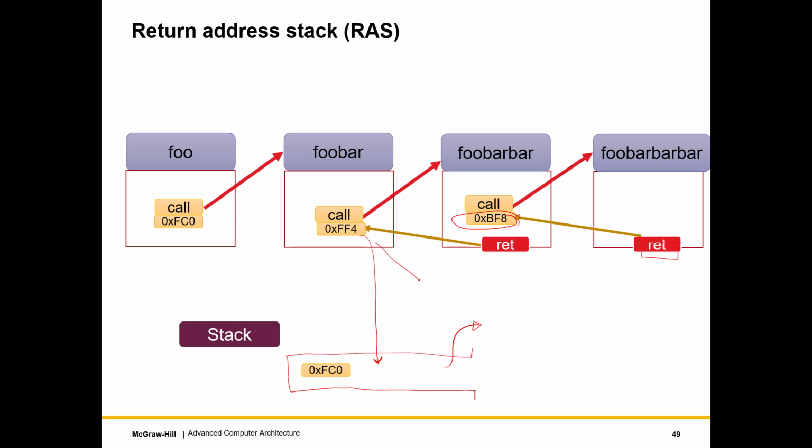And now let's say from here we call some other function. No problem. We push in the return address once again. That's not an issue. But let's say that this function returns again. Then essentially the last return address is popped. And now our return address stack is empty.